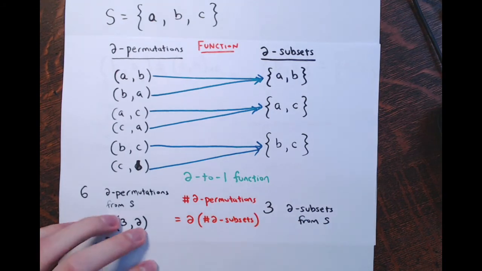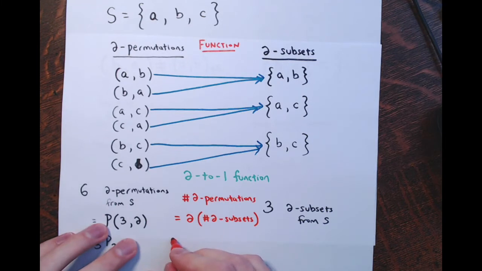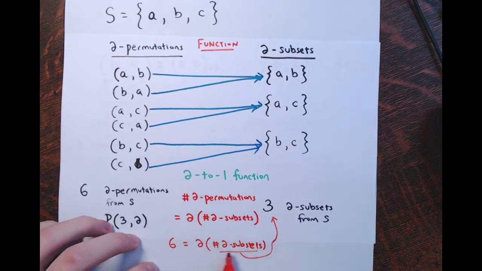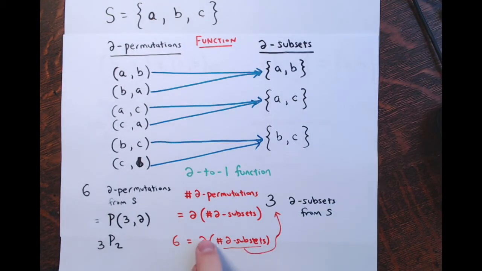All right. Now the number of two permutations we saw was 6, equals 2 times the number of two subsets. So clearly the number of two subsets must be 3. This must be 3 then, because 2 times 3 is 6. Or you could say the number of two subsets was 6 divided by 2.